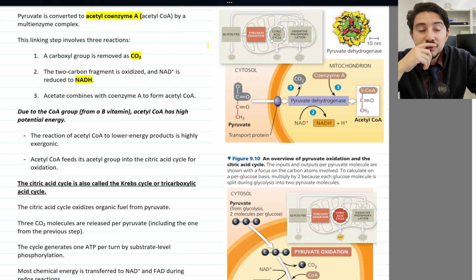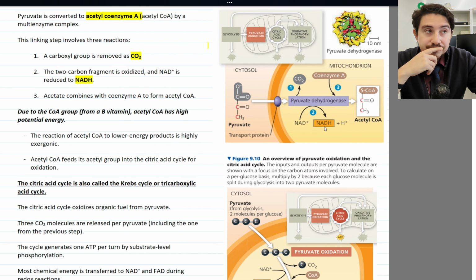Carbon dioxide is removed. NADH will be formed, as NAD plus is reduced to NADH. As the carbon dioxide is liberated, NADH is formed, and you will have the attachment of a complex called coenzyme A. So then you have this formation called acetyl-CoA, a 2-carbon compound associated with this enzyme complex.